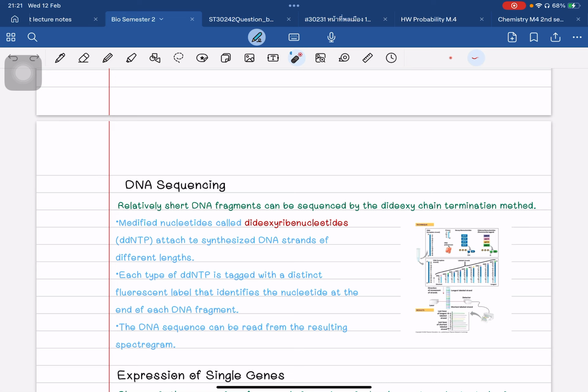Each type of ddNTP is tagged with a distinct fluorescent label that can identify the nucleotide at the end of each DNA fragment.